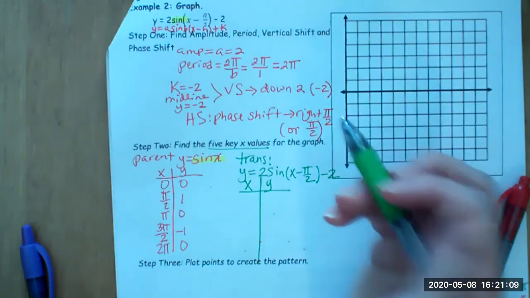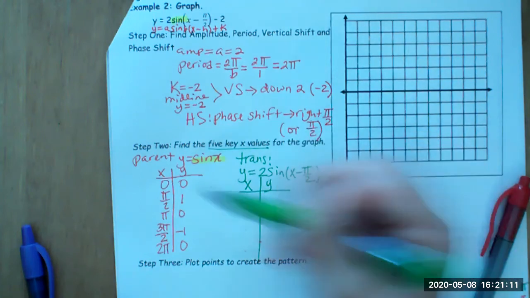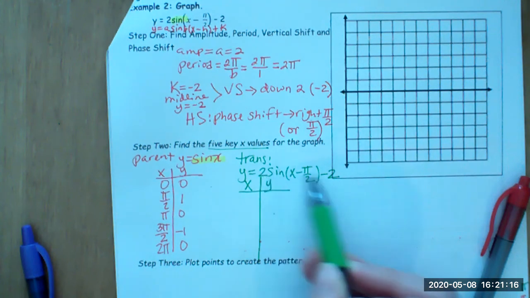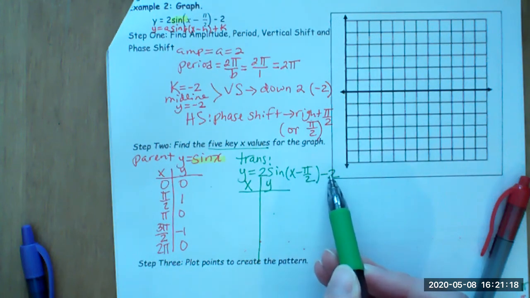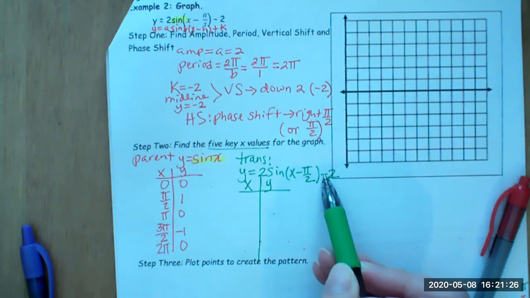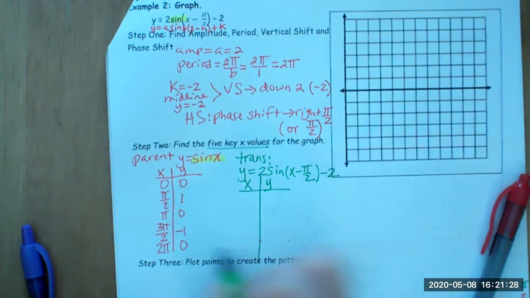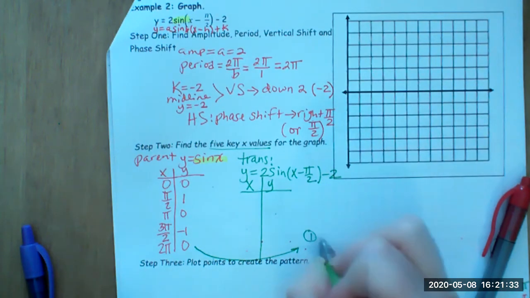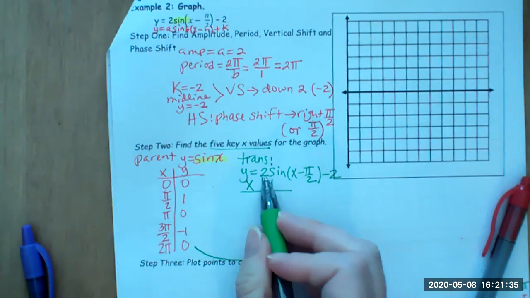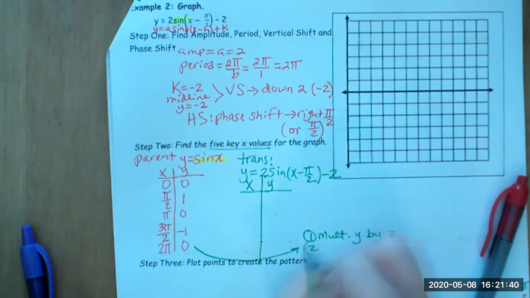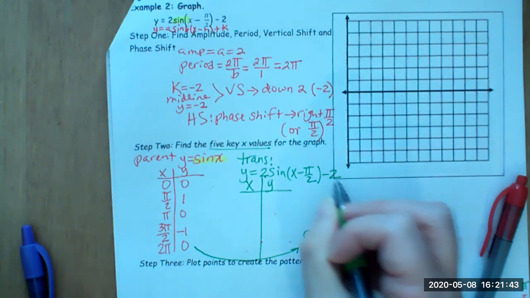So first of all, we know that for the y values here, they're going to be affected by the amplitude and the vertical shift, okay? And just like we've done before, we always consider the multiplication first and then the addition or the subtraction. So for the y values, we're going to first multiply y by 2, and then we're going to subtract 2, okay?